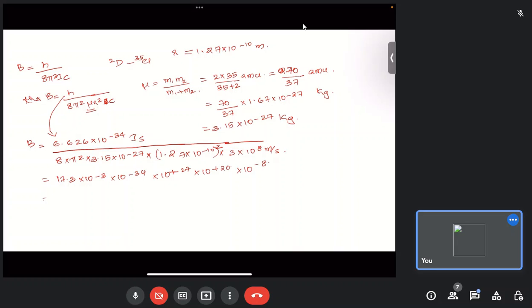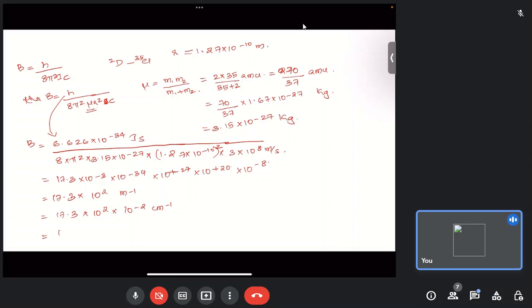Also again, converting this meter inverse to centimeter inverse, this will become 10 to the power minus 2 centimeter inverse.